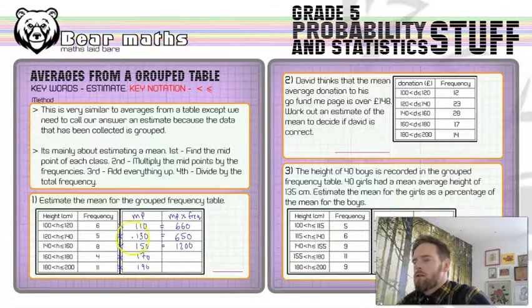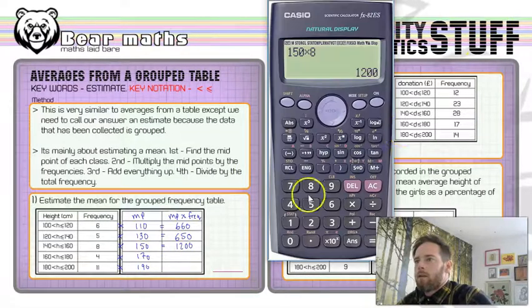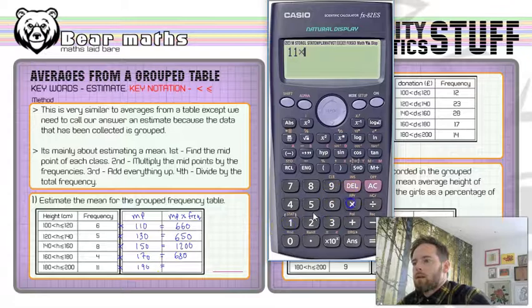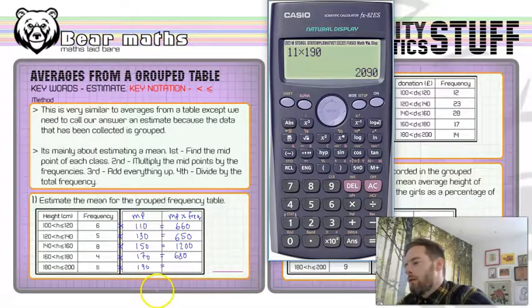Alright, 4 times the 170, equals 680. And the last one is 11 times 190. Okay, 2090.